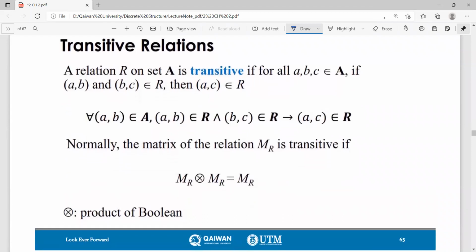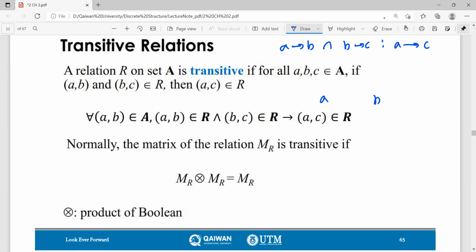The third property of relations is the transitive relation. We say a relation is called transitive if we have (a, b) and (b, c), we must also have (a, c).